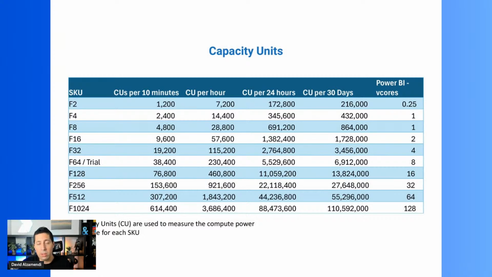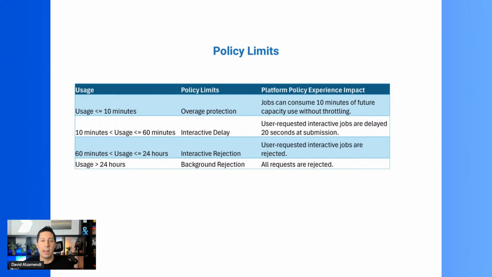So that essentially means that, hey, we can borrow 1,200, but we still need to borrow another around 800. You take into account the moving window. So we have to borrow additional 600 capacity units. We can still borrow them, but our user will be penalized by being delayed 20 seconds in interactive.